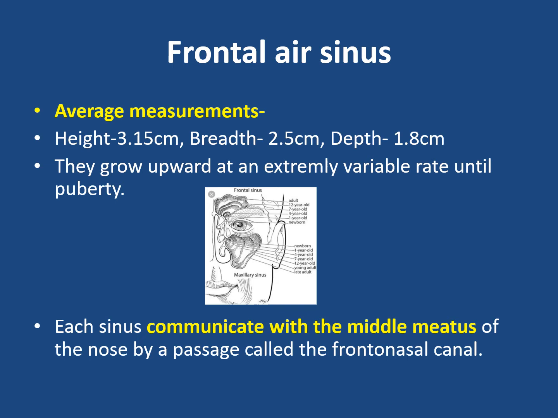As for the measurements, their average measurements are: height approximately 3.15 centimeter, width approximately 2.5 centimeter, and depth 1.8 centimeter. And as seen in the picture, the frontal air sinuses grow upward at an extremely variable rate until puberty.